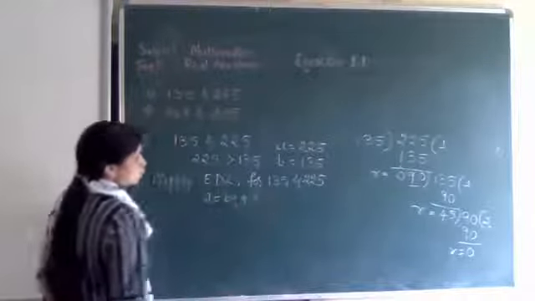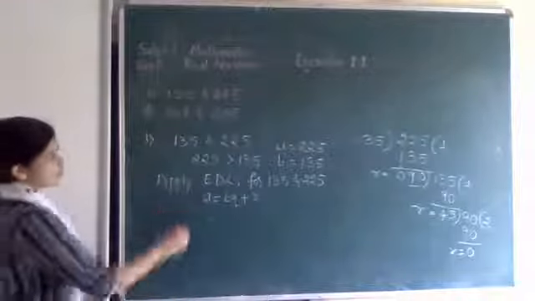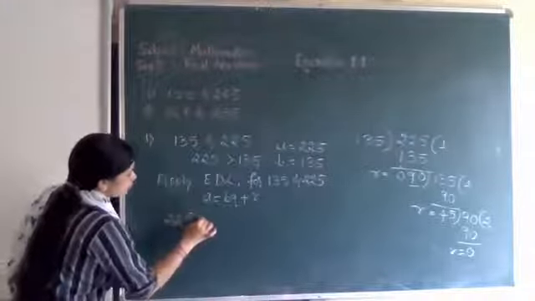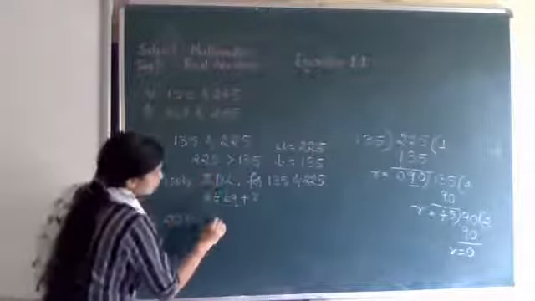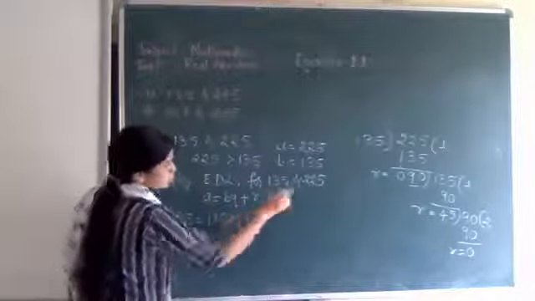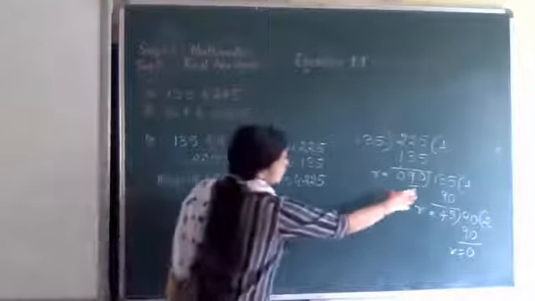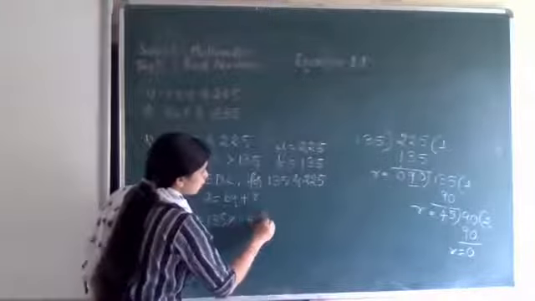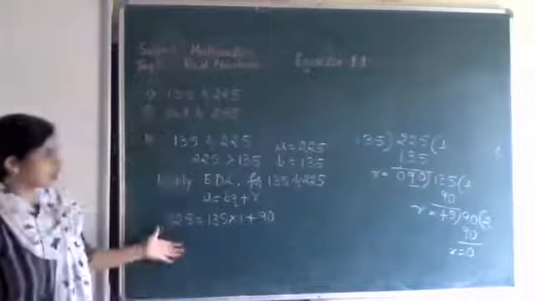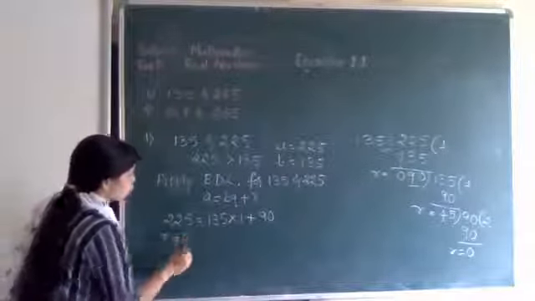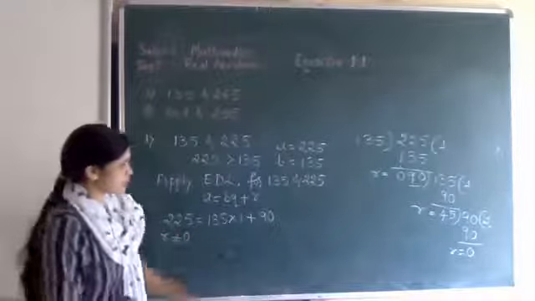A is equal to BQ plus R. A, that is 225, is equal to B, 135, into 1. How much will be the remainder? 90. 90 is the remainder. Here R is not equal to 0 because R is 90.